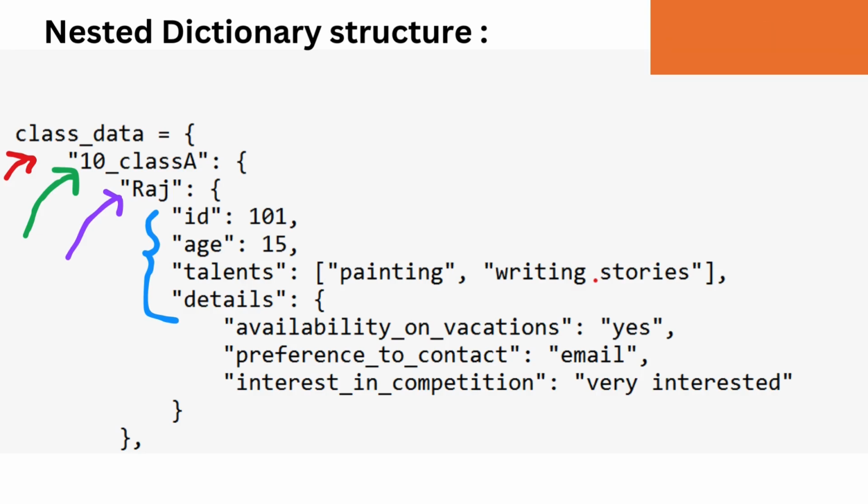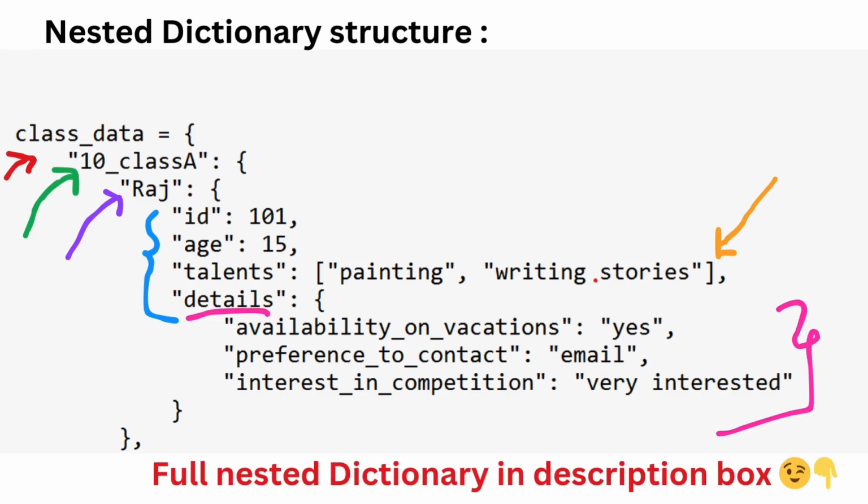Each student has data like ID, age, talents and details. Talents refers to a list, and details is itself a small dictionary which holds information like availability on vacations, preference to contact, and interest in competition. This is how the structure has been arranged for all the 10 students.